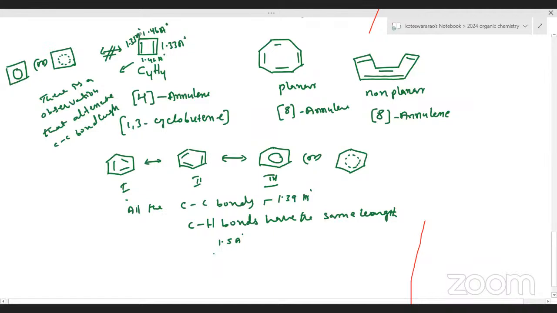However, it is in cyclic conjugation, the double bonds are in conjugation. It shows olefinic behavior, not conjugated behavior. Whenever they are involved in perfect delocalization, all the CC bond lengths should be the same. Okay, you can record this class so that you can trace it here if needed.